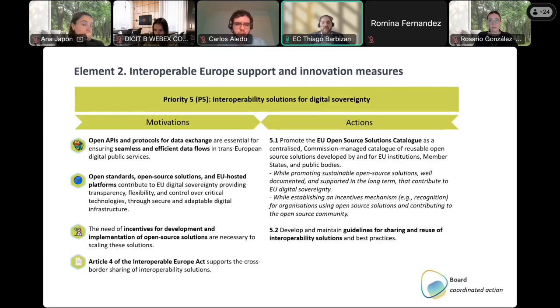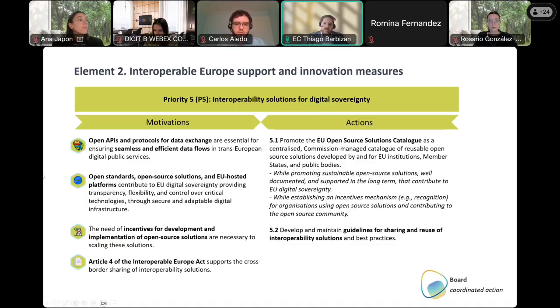So as you may know, there is a European open source solutions catalog that is available on the Interoperable Europe portal. And this is a centralized Commission-managed catalog of reusable open source solutions, which are developed by and for EU institutions, member states, and public bodies.